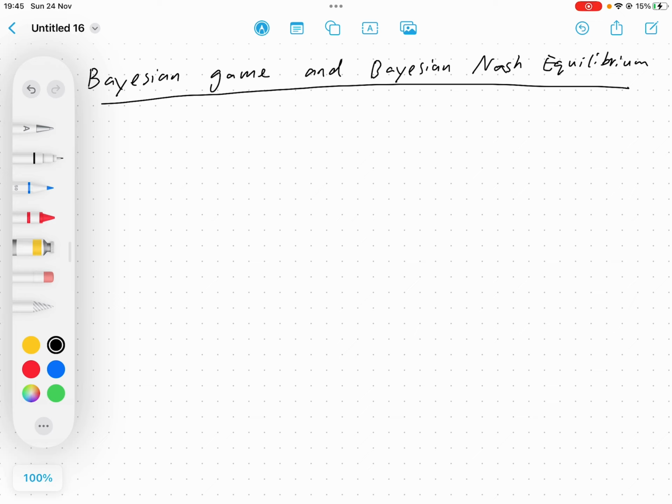Okay, so now we are going to introduce other kinds of games where we have some imperfect information or incomplete information. Okay, and so how do we model the imperfect information?